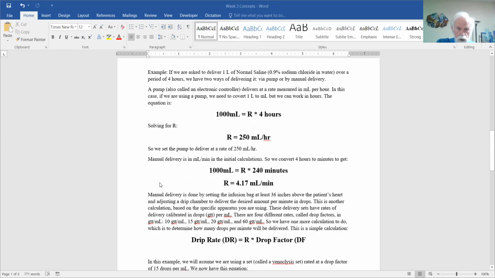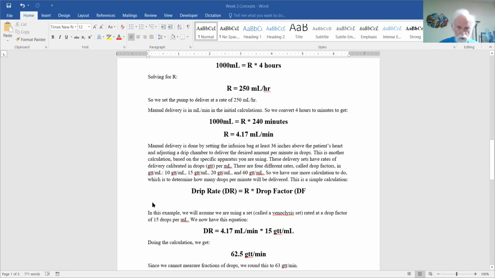Now, if we are looking at manual delivery, we need to know 2 things. First off, we need the same information, the amount to be delivered and the amount of time, in order to calculate the rate.